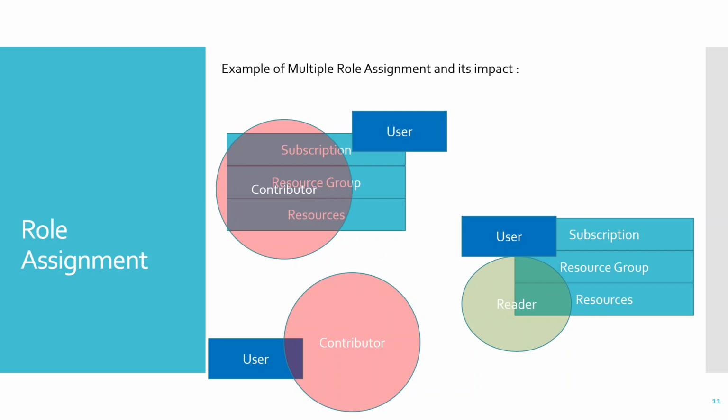What will happen to that particular user? Because you have already given contributor access at the highest level, which is the subscription, it always gets that priority. The result will be that the user will finally have contributor access, even if you have given reader access at the resource group level, because it is a child and lower than the subscription level. That is the reason why the user will get contributor access, because it is at the highest level on the subscription. So that is how it works.